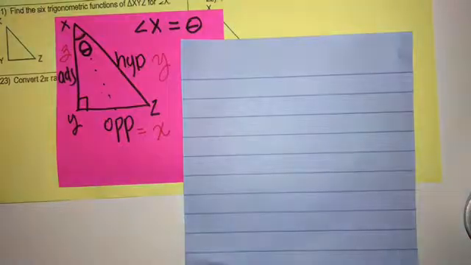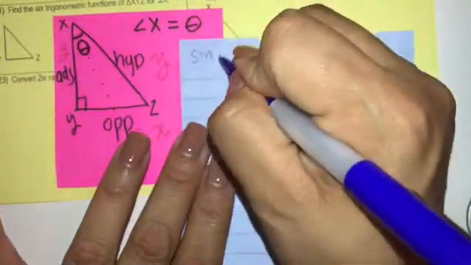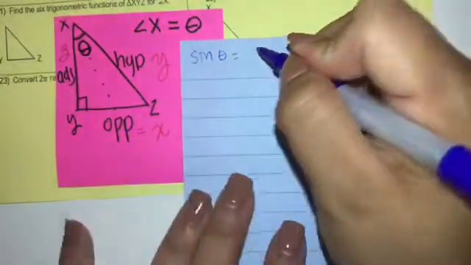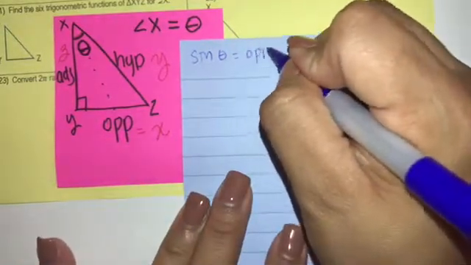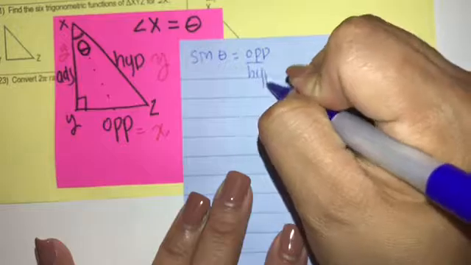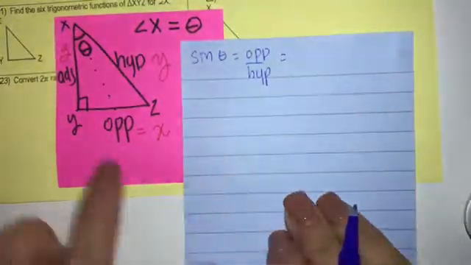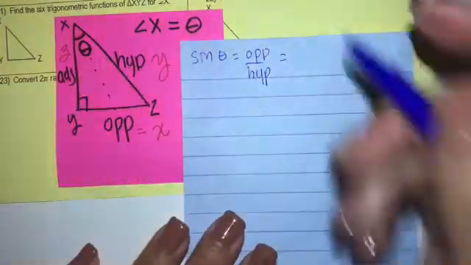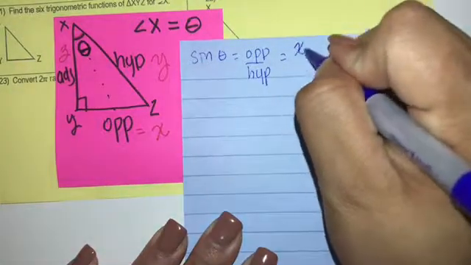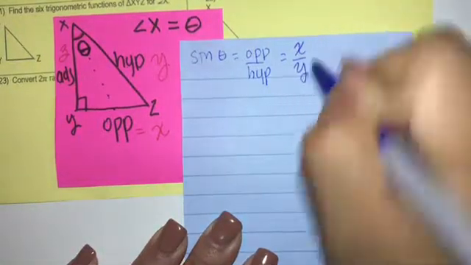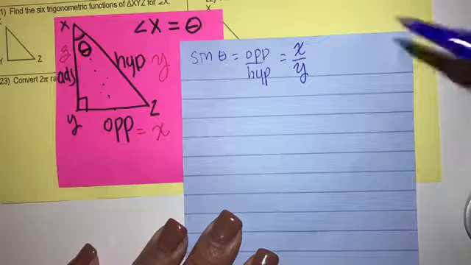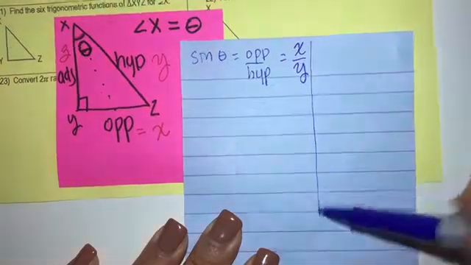So we know that sine of theta is going to be equivalent to opposite over hypotenuse. So my opposite over my hypotenuse is going to be little x over little y. Okay, let's just make a line down here.